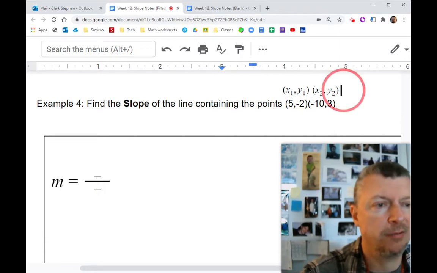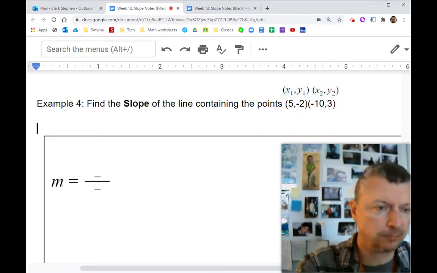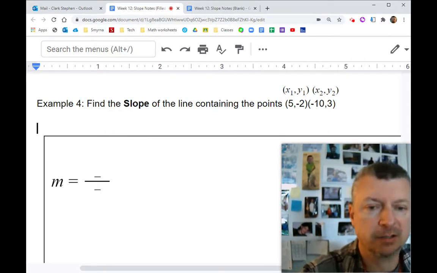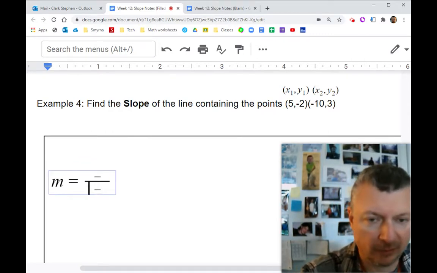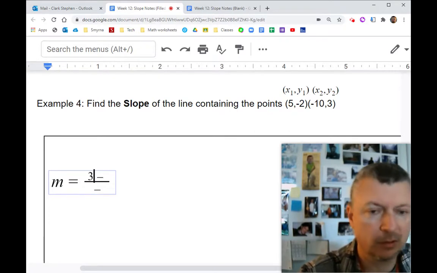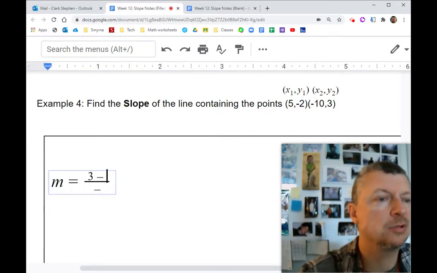So again, I have the x1, y1, x2, y2 up here, and that's going to tell me what to plug in. Now, according to the formula, we do y2 on top, which is 3, minus y1, which is negative 2.